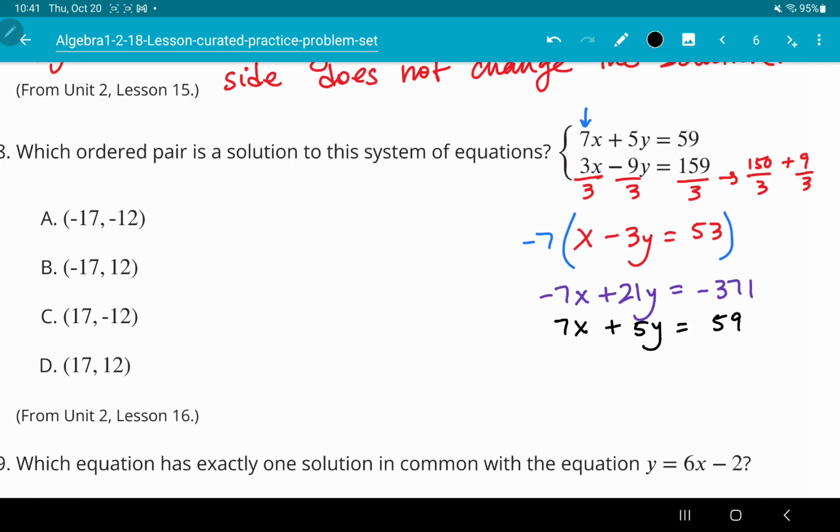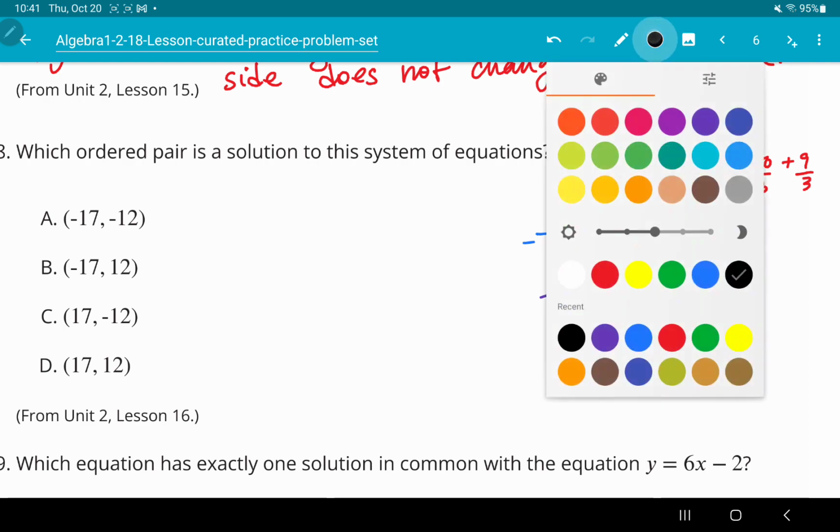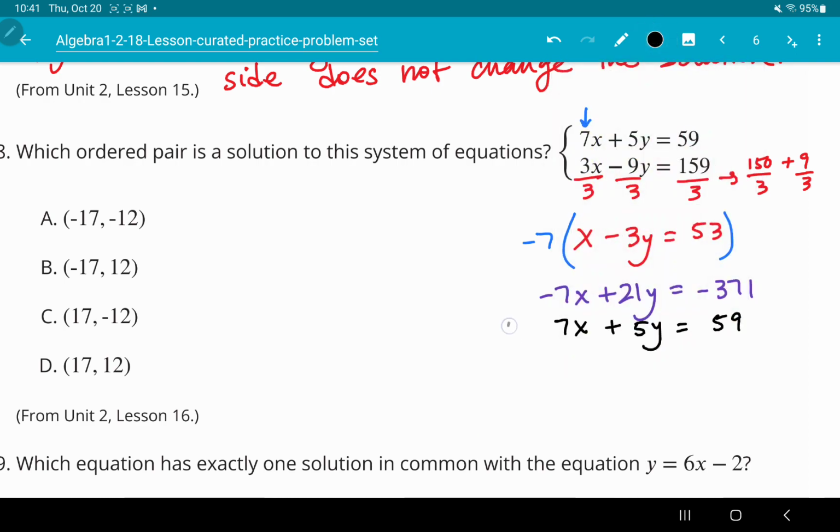All right, so now we've got our first equation that we had up there, the 7x plus 5y equals 59. And let's see if we can use elimination now. If I add these two equations together, I should get negative 7x plus 7x, so those should cancel. I'm going to have 21y plus 5y, that's going to give me 26y.